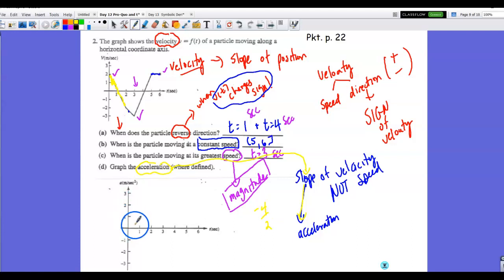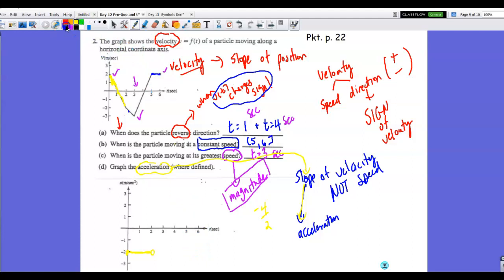So from 0 to 2, -2. All right, so 0 is a closed endpoint, to 2, open. The slope of that segment is -2, meaning the acceleration in that region would be -2 meters per second squared.